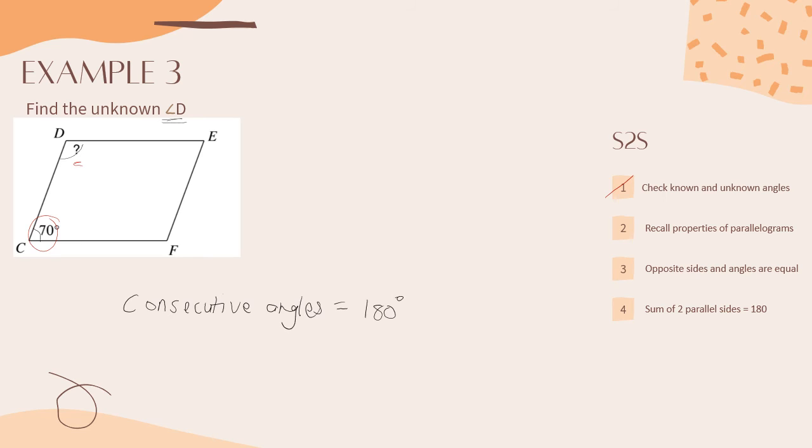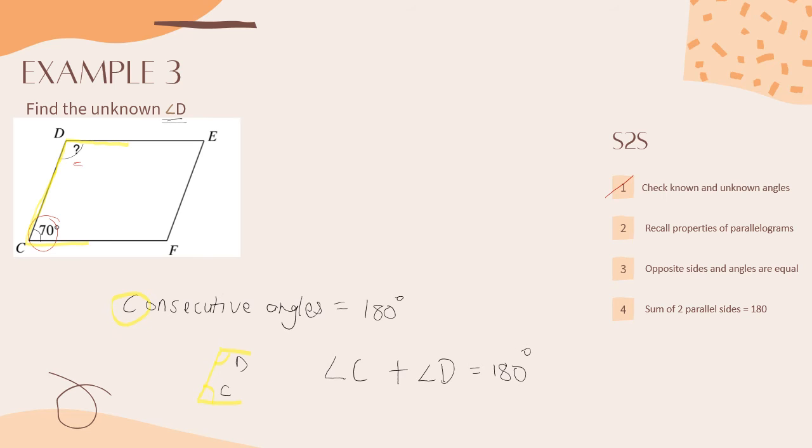So let's see if we can see a sharp shape C here. There we go. There is a sharp shape for C. So when there's a sharp shape for C, you know that when you add up these two angles, angle C and angle D, angle C plus angle D equals to 180 degree.